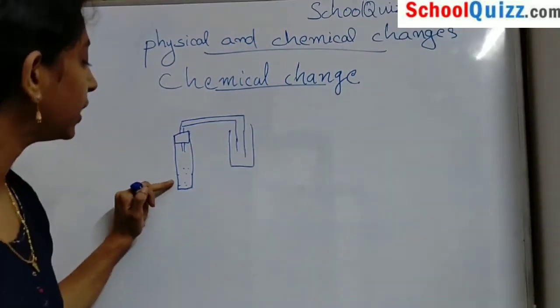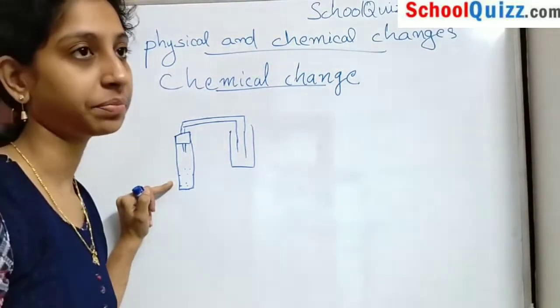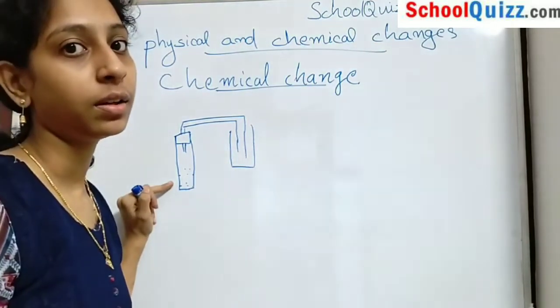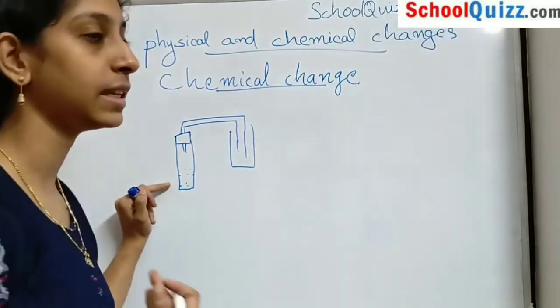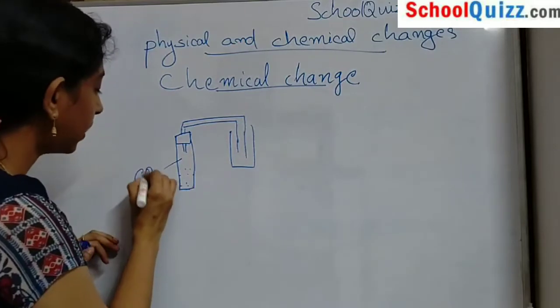In a test tube, we take some vinegar and add some baking soda. Bubbles are formed. The bubbles indicate the production of carbon dioxide. Here carbon dioxide is formed.